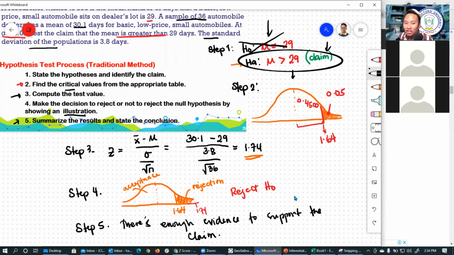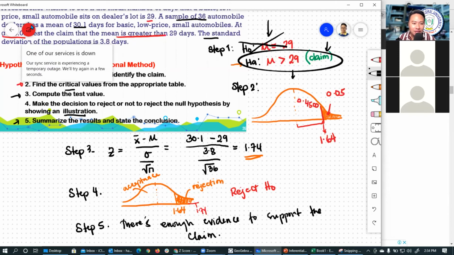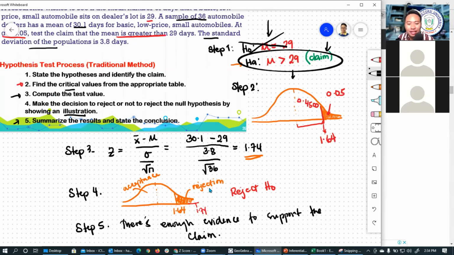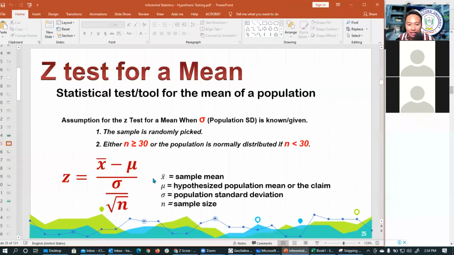True, medyo taas siya gyud. Pero kaya na guys, sabi pa lang weak, di ba? Kasi a one, okay. Sige, let's work on one more example.